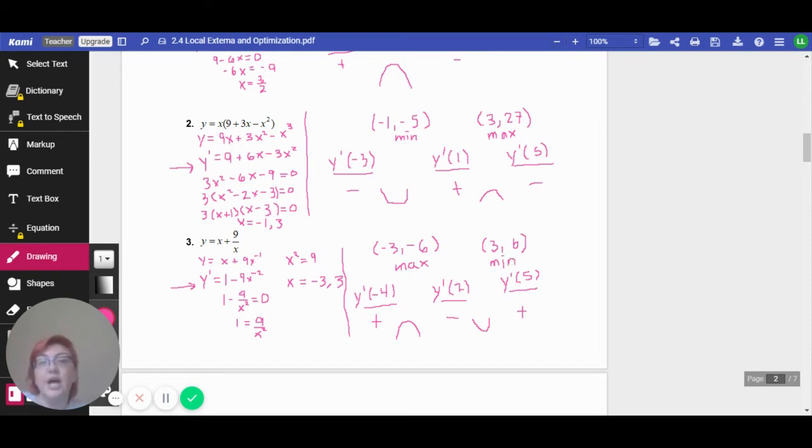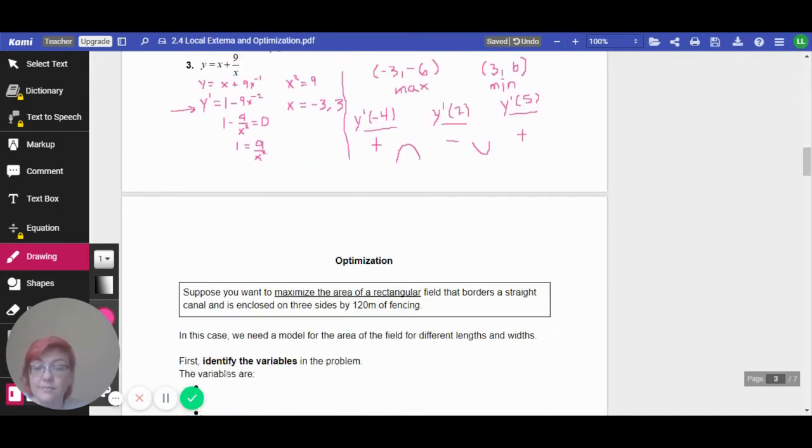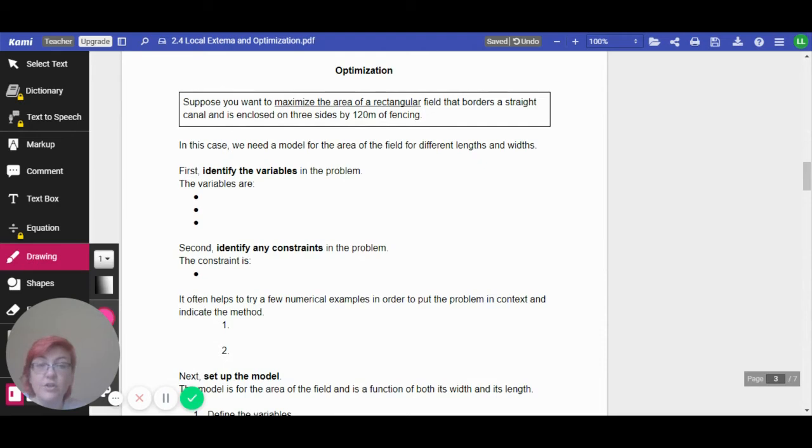All right, good job. Now let's look at some optimization problems. First, we need to figure out how do we set up an optimization problem. So when we're optimizing, we're finding the best possible solution. So suppose you wanted to maximize the area of a rectangular field that borders a straight canal and is enclosed on 3 sides by 120 meters of fencing.